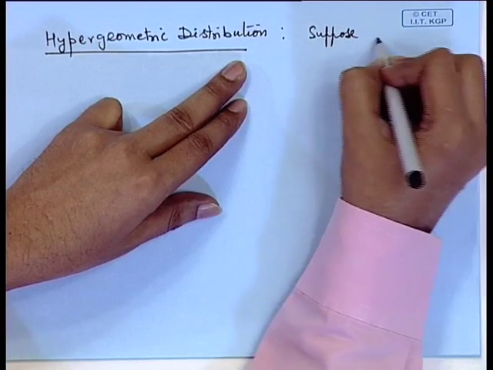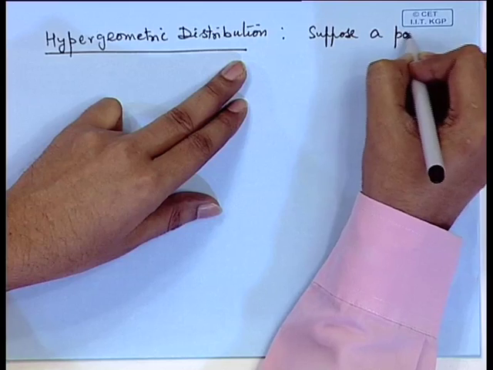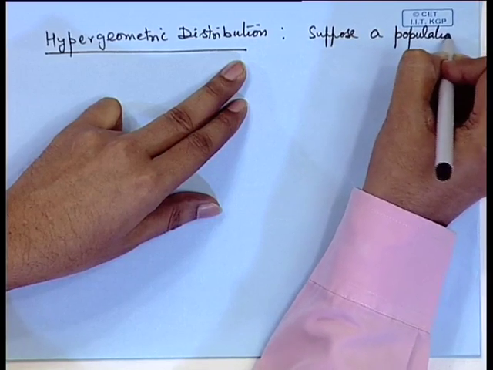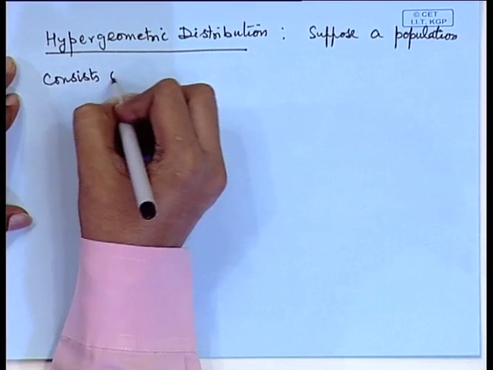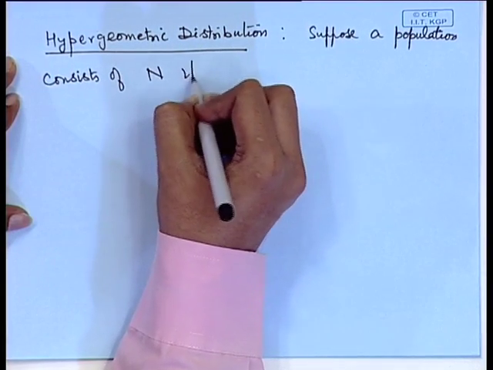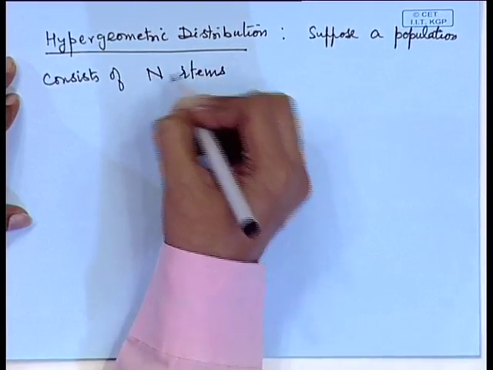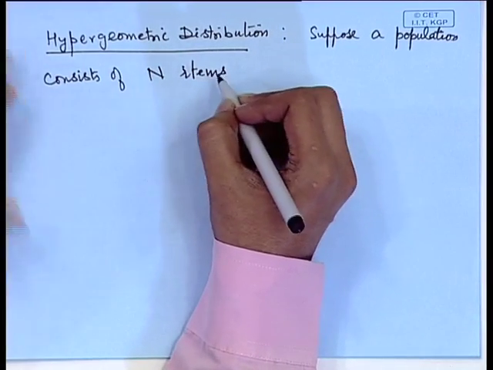Suppose a population consists of n items, n persons or n characteristics.